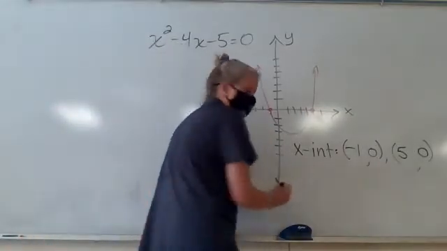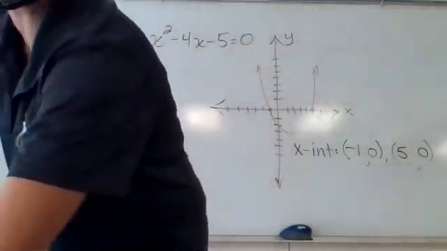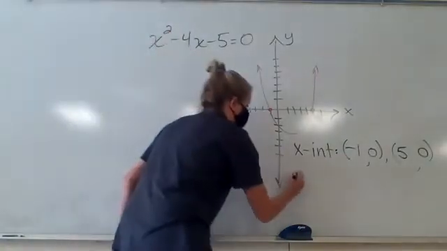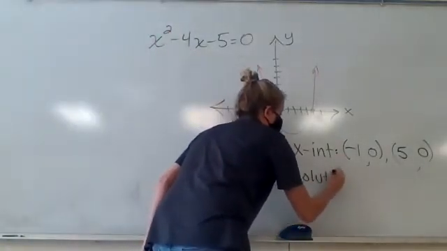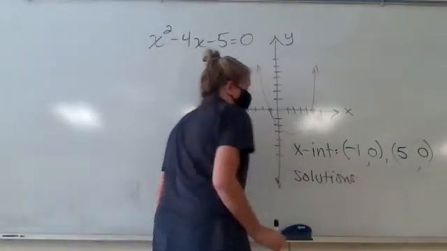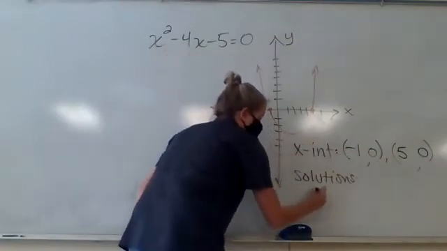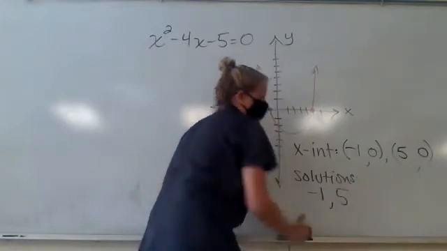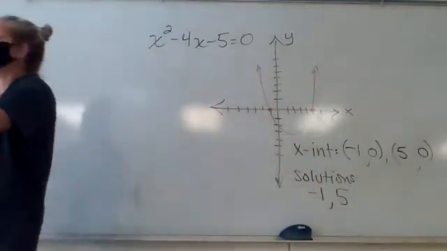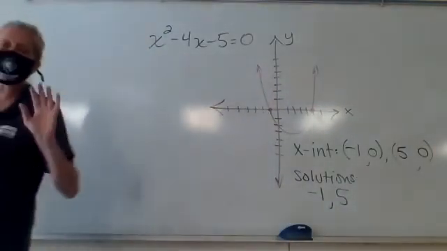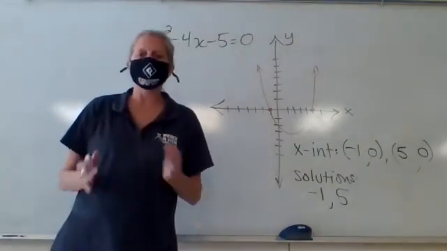Then it asks you for, how did it ask you? It wants to know what these solutions are. The solutions are not points. They are just whatever the x-coordinates were of those x-intercepts. So your solutions are -1 and 5, not in parentheses. It is not a point.